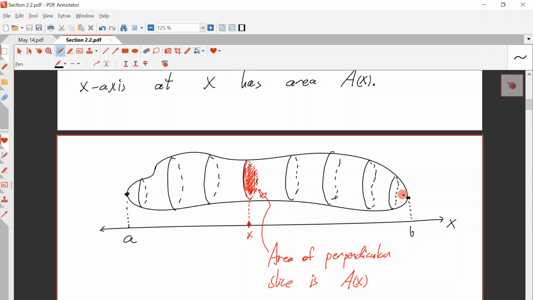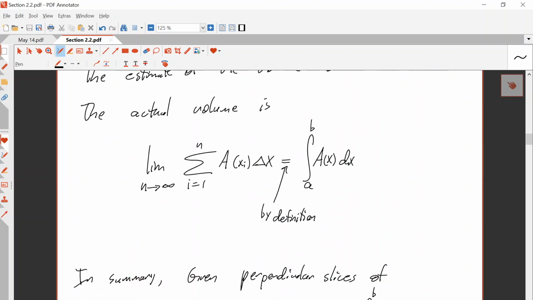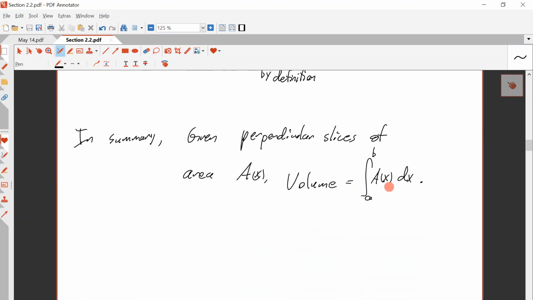And then the slice at x has the area A(x), and the volume is just the integral from a to b of A(x).